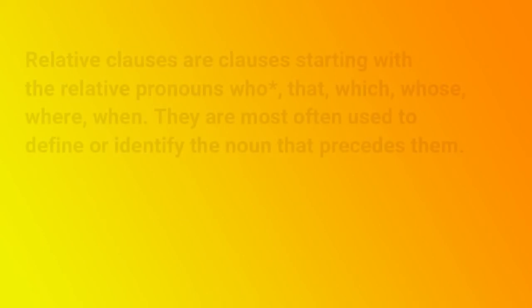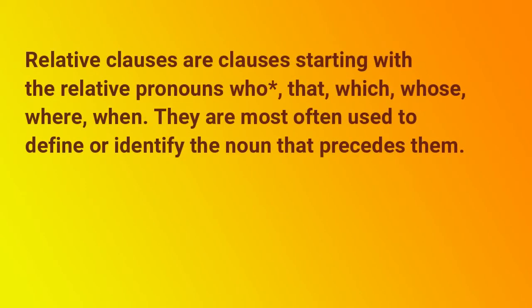Students, now let's know what a relative clause is. The very word relative, what does it mean? Something that joins, right? Relative clauses are clauses starting with the relative pronouns. The relative pronouns are who, that, which, whose, where, when. They are most often used to define or identify the noun that precedes them.